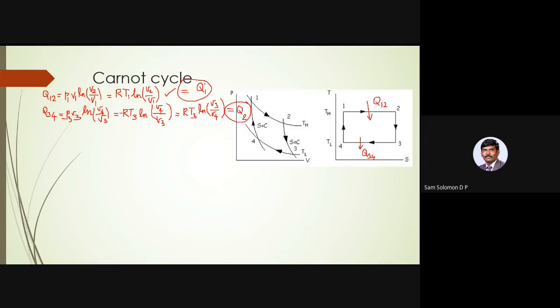Okay, and then I used the processes 2-3 and 4-1. These two processes are isentropic processes, so we used P3 V3 power gamma is equal to P2 V2 power gamma.